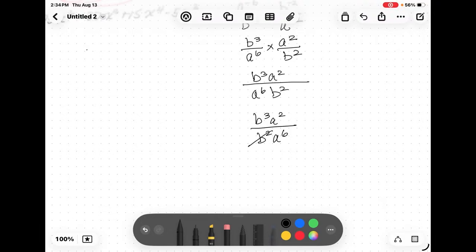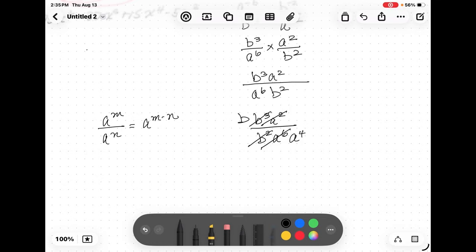Let's simplify this. B squared, b cubed, and that leaves me a b in the numerator. And then a squared with a to the 6th leaves me that. How did I think about that? There's a property of exponents, right? If I have a to the m over a to the n, that's equal to a to the m minus n.